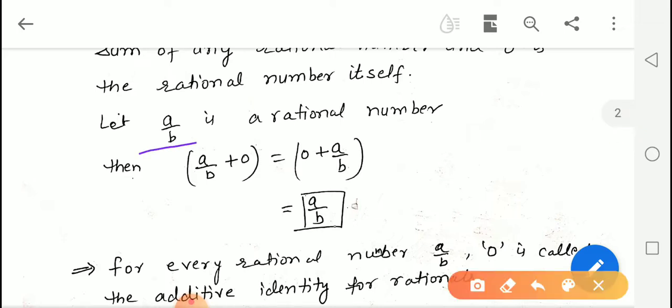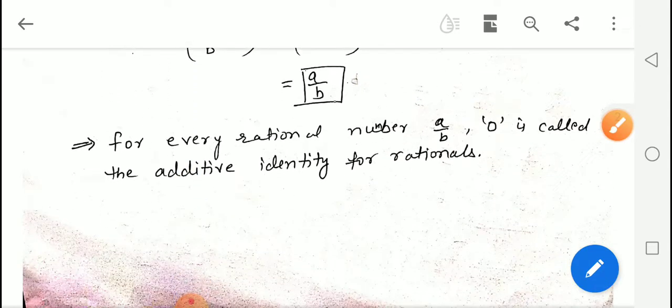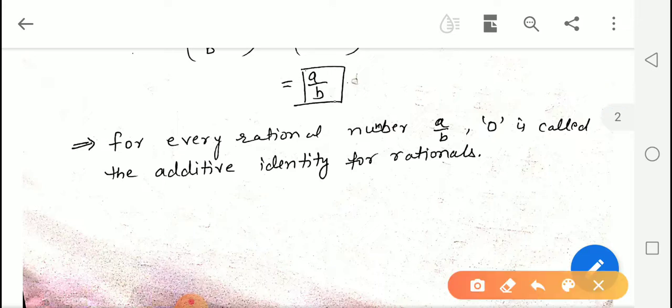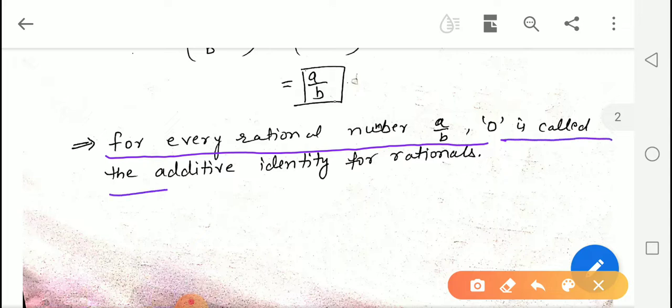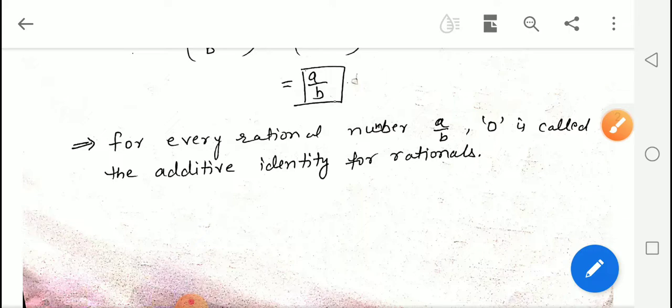Like a upon b is a rational number. If we add 0 to that in any order, a upon b plus 0 or 0 plus a upon b, the answer will be the same rational number. So the statement is, for every rational number a upon b, 0 is called the additive identity of all rationals.